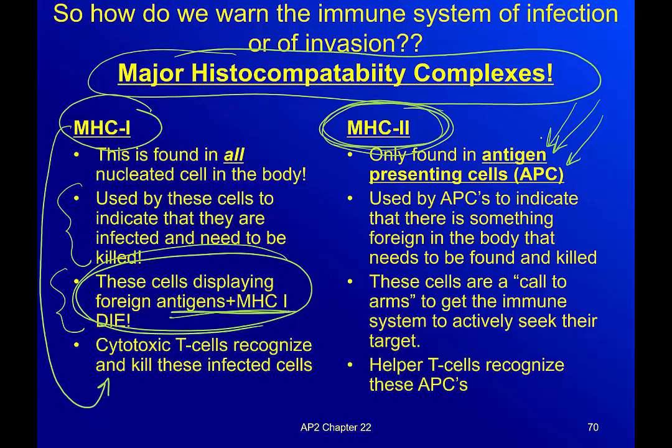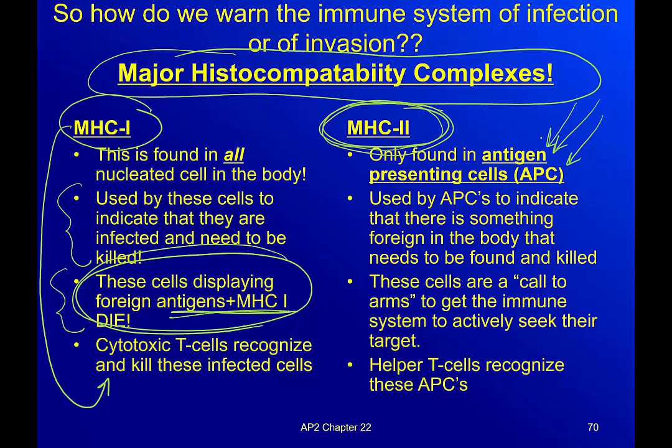So MHC2 is used by antigen presenting cells to indicate that there is something foreign in the body and it needs to be found and killed. Hey, I found this wanted poster. Let me show it to you, and let me show it to you, and let me show it to you. I am not the killer in the poster. I don't need to die because I'm showing this wanted poster to people.